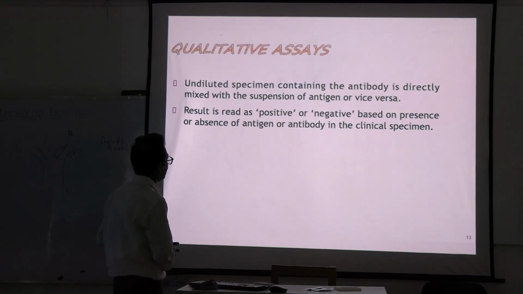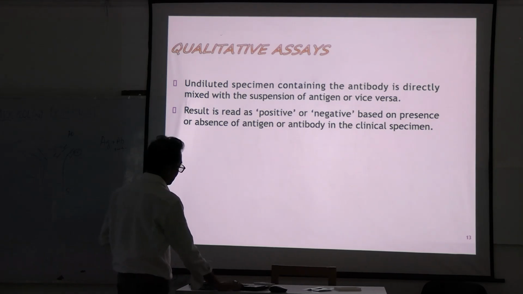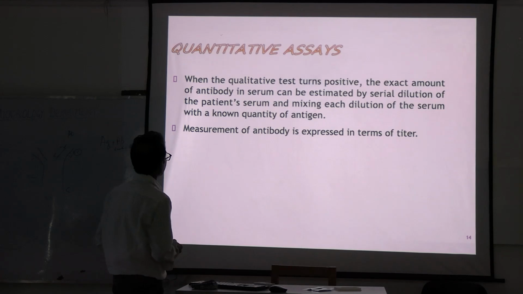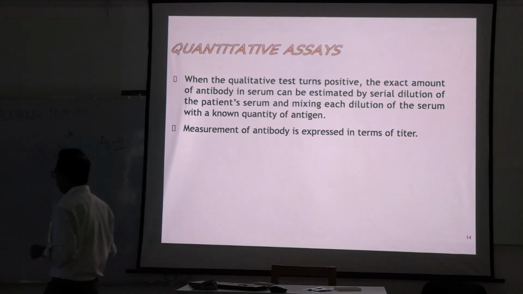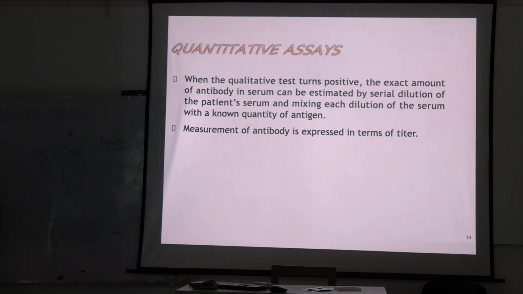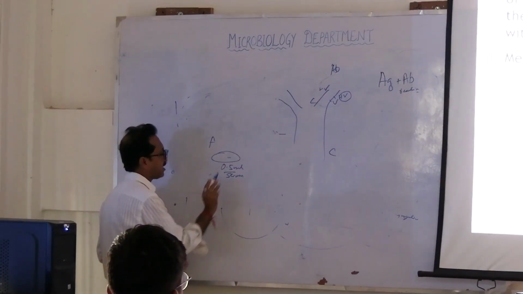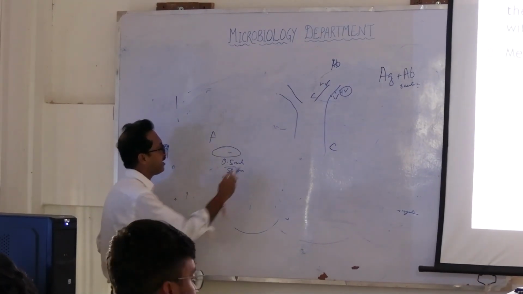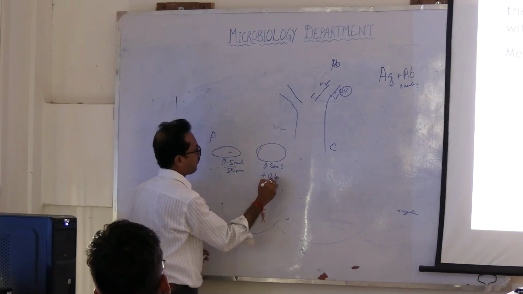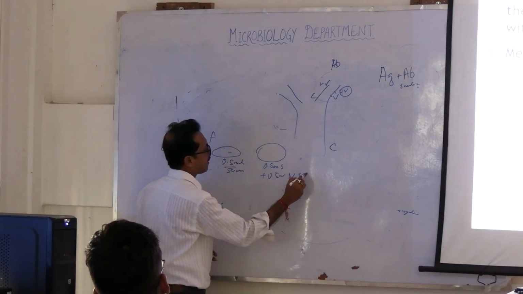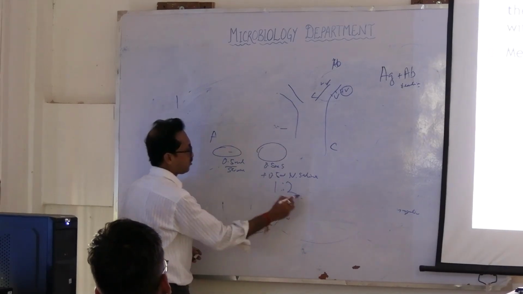Qualitative means undiluted specimen is directly mixed with antigen or vice versa, and the result is read as either positive or negative. When qualitative tests turn positive, the antibody titer can be estimated by serial dilution. Serial dilution means you are first taking serum directly, say 0.5 ml of serum. For simple calculation, in the next tube, with 0.5 ml serum you add 0.5 ml normal saline, so the dilution becomes 1:2.